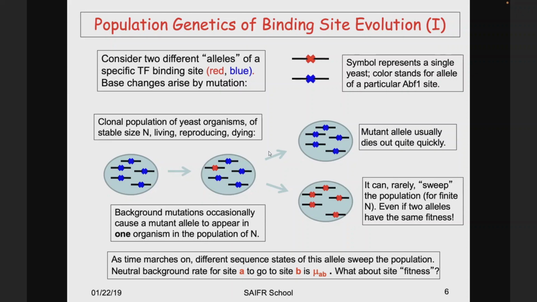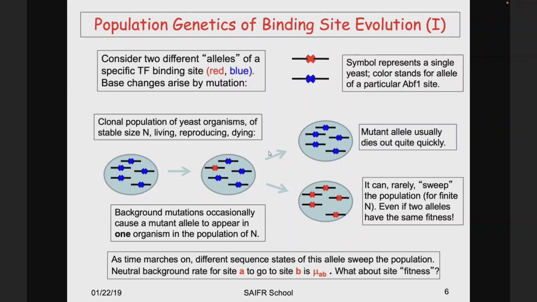Because what we're going to deal with is an isolated population of this organism, and one of the binding sites of interest to us has this very specific sequence. And now I let time go on, and I observe later on that a mutation in that binding site has occurred. There are just random mutations associated with the reproduction process. Well, at some point, there's one organism which has suffered or profited from, as the case may be, this mutation.